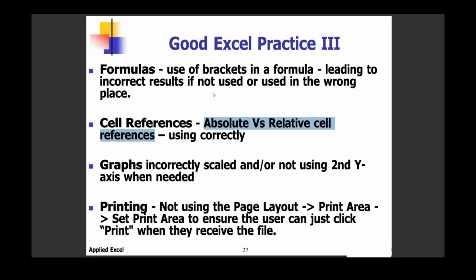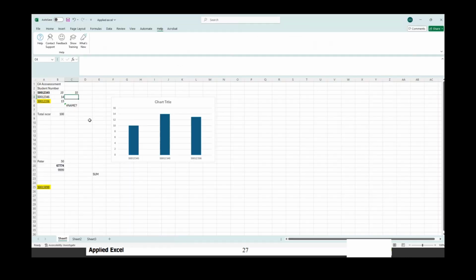Then formulas most of the time make use of brackets. So at times you may forget to close a bracket you opened. I think Excel usually uses different colors to represent that. For instance, let's say you have equal to sum of, I close this, probably open another one.